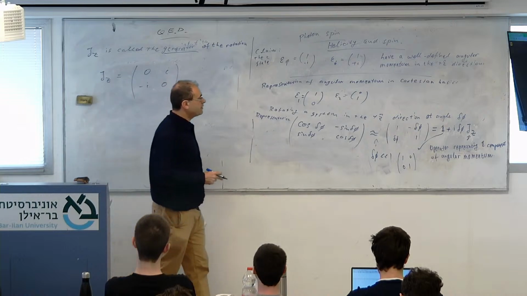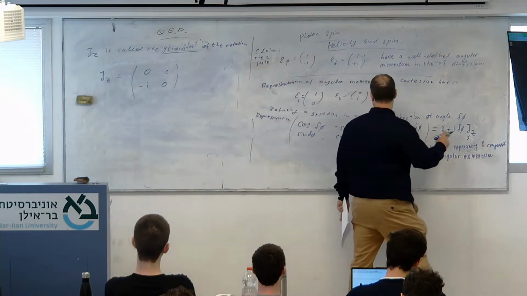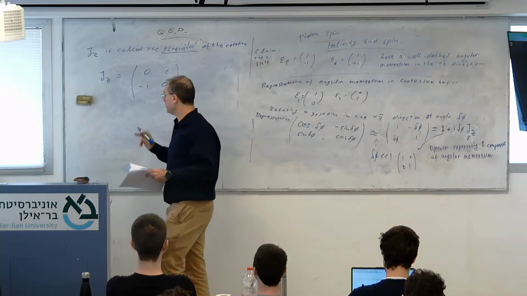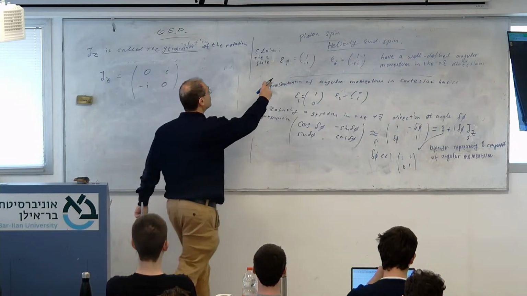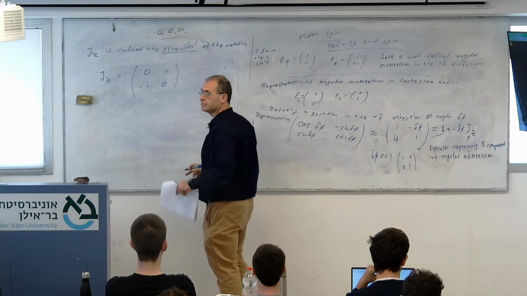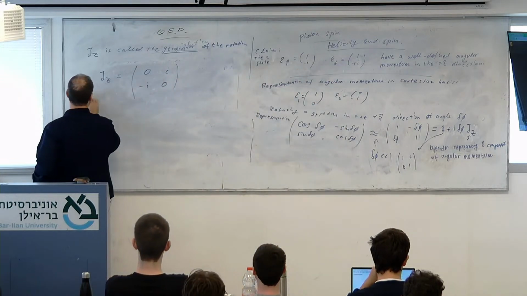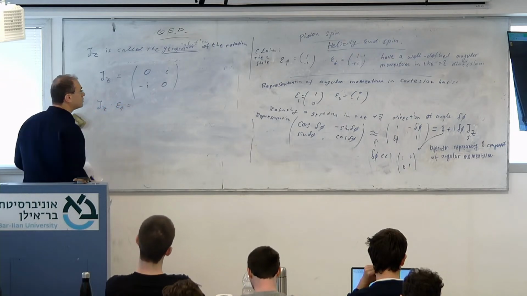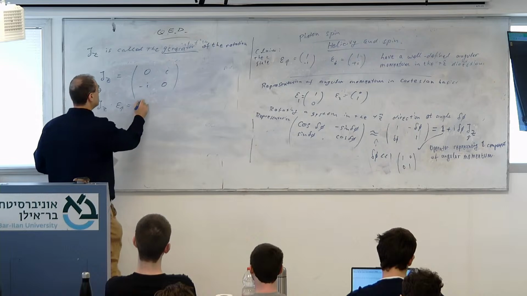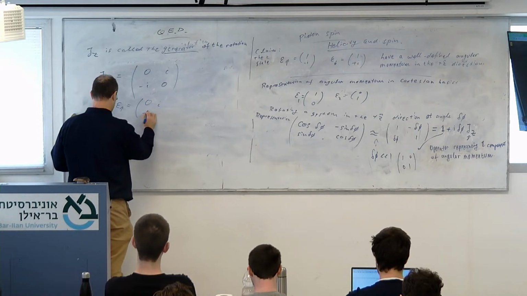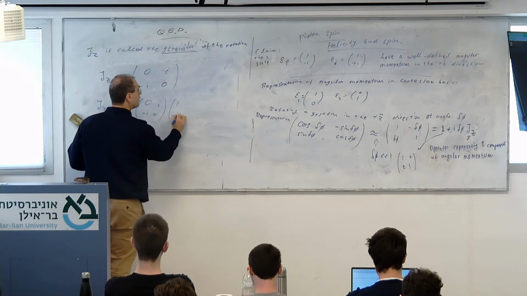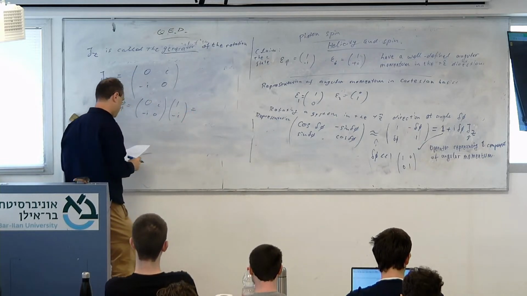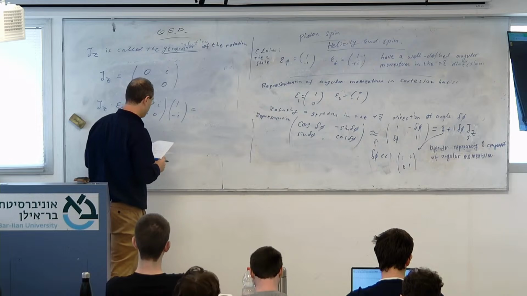Now what happens when I take this operator, JZ, and I apply it to epsilon up and down, up arrow and down arrow? What do I get? Eigenvalue. So JZ applied to epsilon up is equal to 0, -i, i, 0 times 1, -i, which is equal to 1, -i.